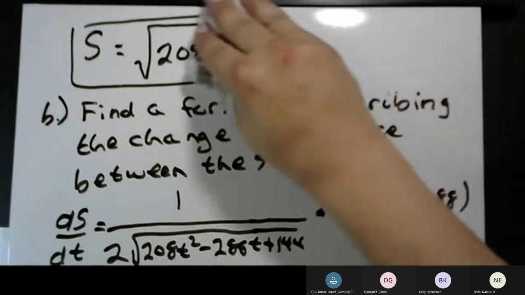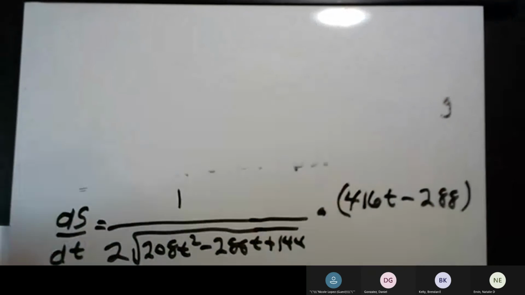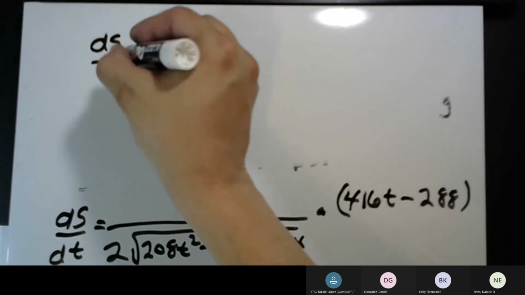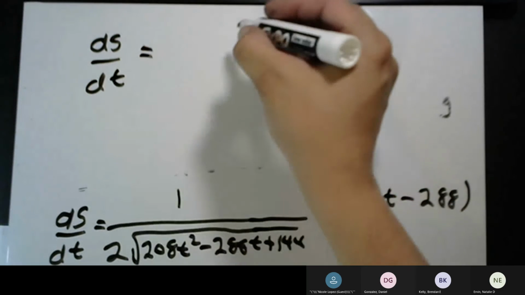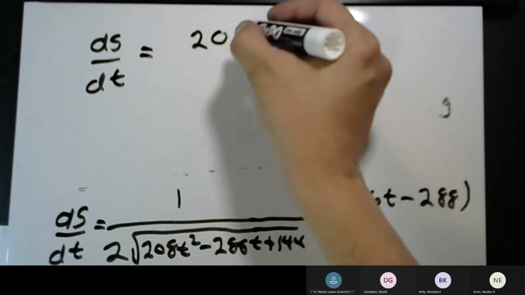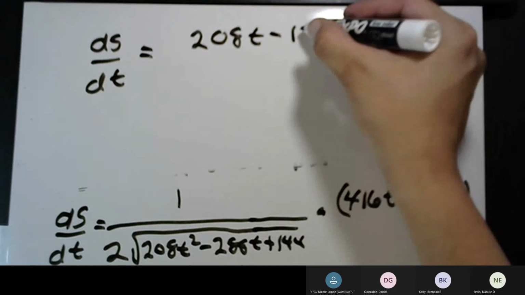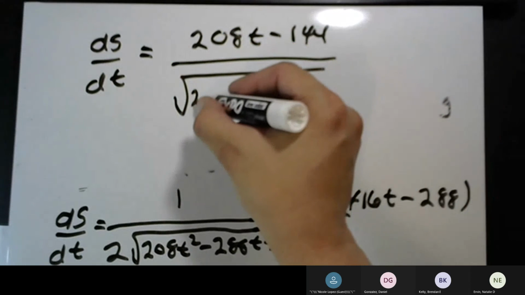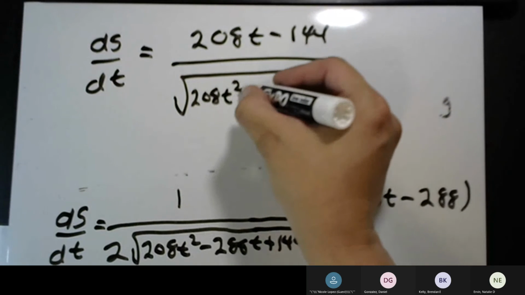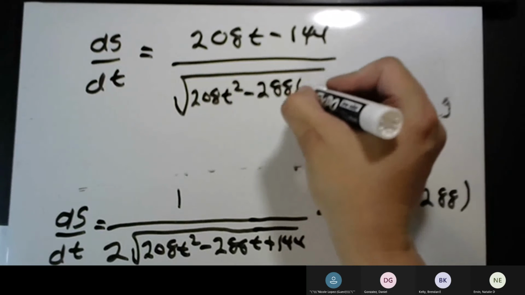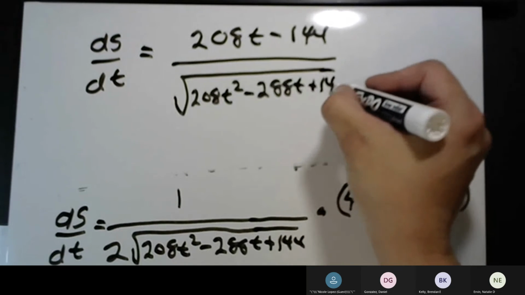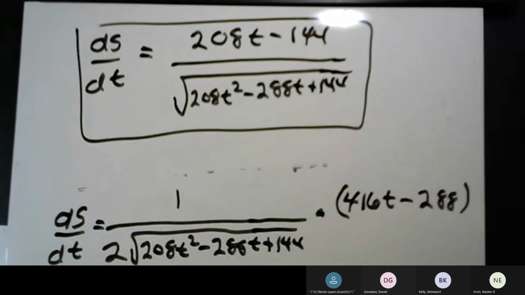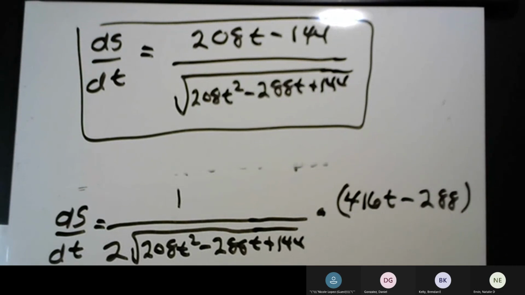And so this will simplify down to ds/dt is equal to 208t minus 144 over the square root of 208t squared minus 288t plus 144. And that's going to be your answer.